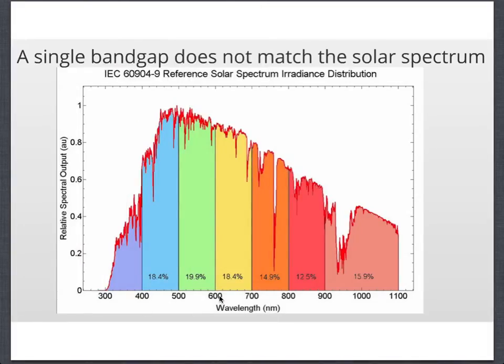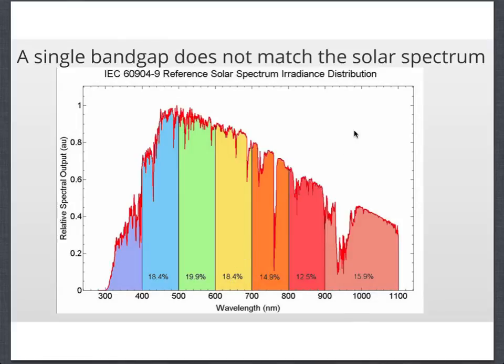So the question is why the efficiency of photovoltaic solar cells is not so good. This is the spectral irradiance curve of the sun, and it starts from 300 nanometers to the infrared, a couple thousand nanometers. And if you see, most of the energy is concentrated in the visible range.